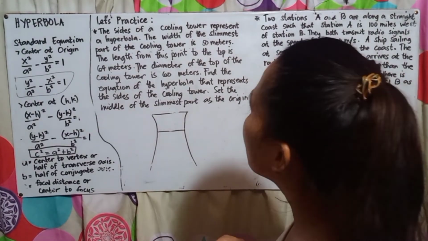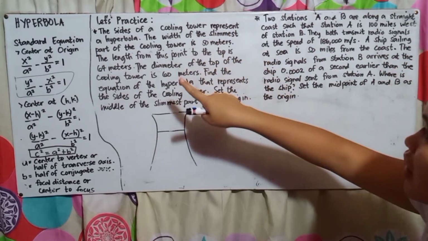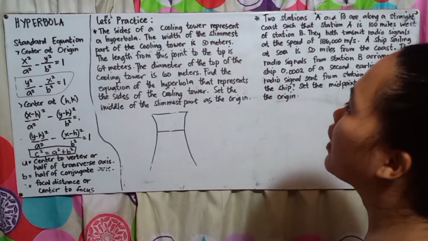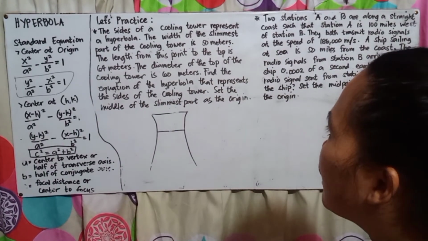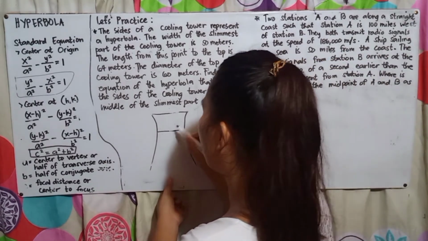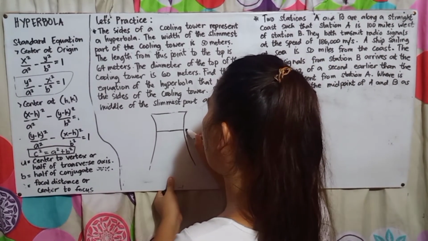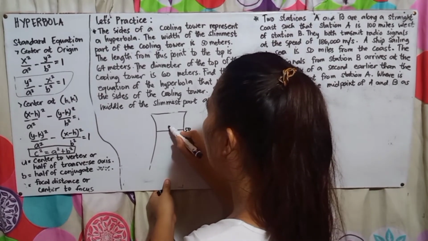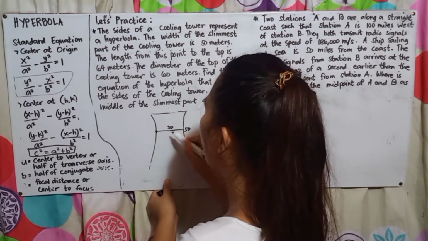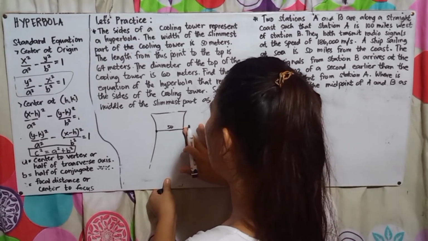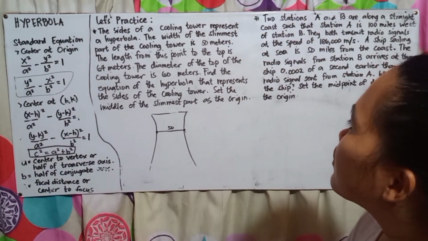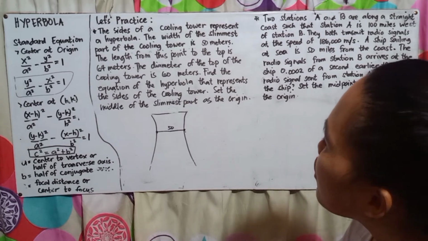So, the sides of a cooling tower represent a hyperbola. This shape is a hyperboloid. The width of the slimmest part of the cooling tower is 50 meters. From this point to this point is 50 meters. The length from this point to the top is 64 meters.